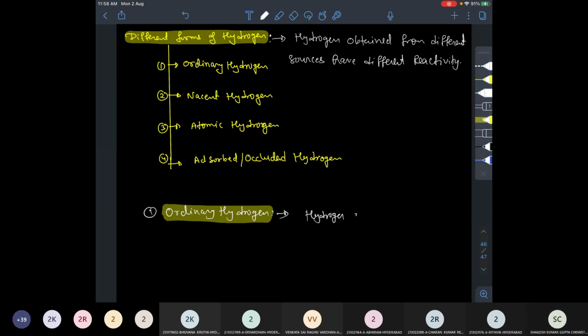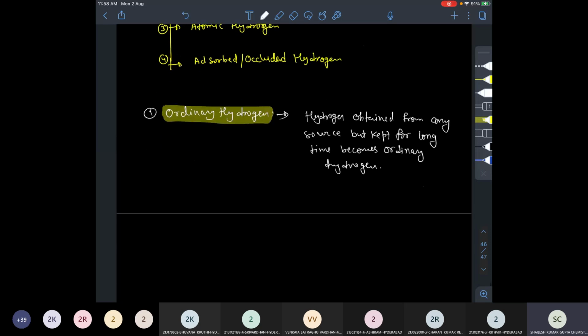Hydrogen obtained from any source but kept for a long time becomes ordinary hydrogen.